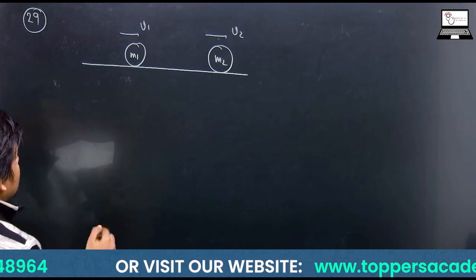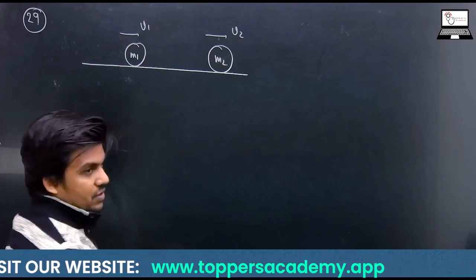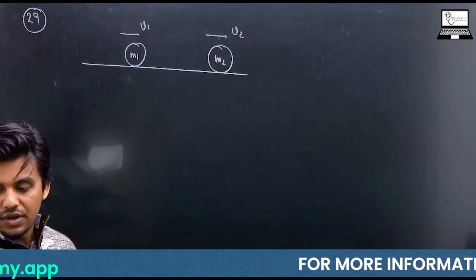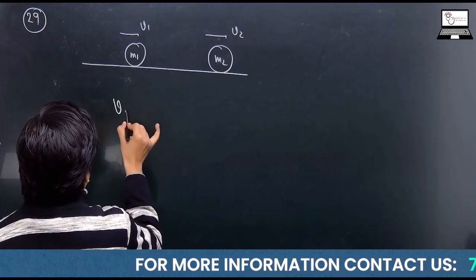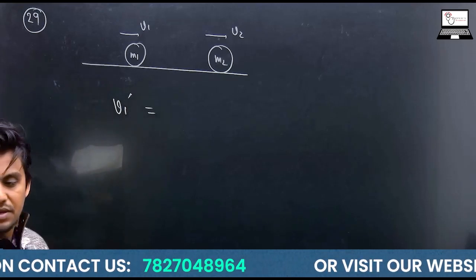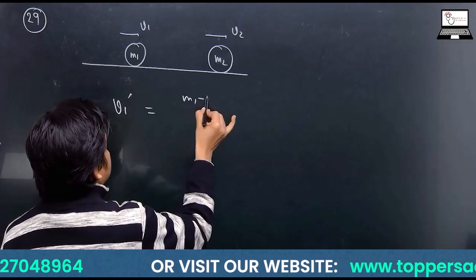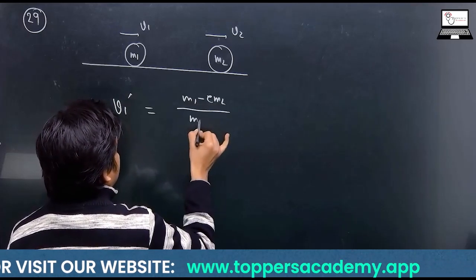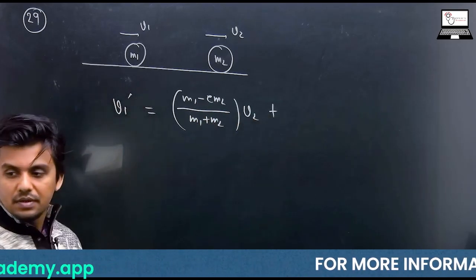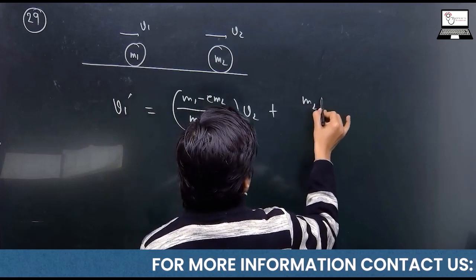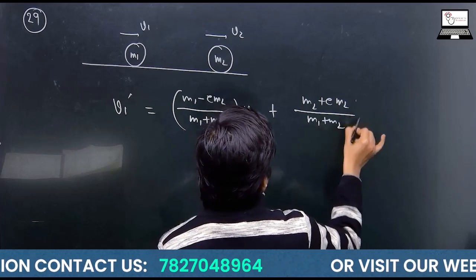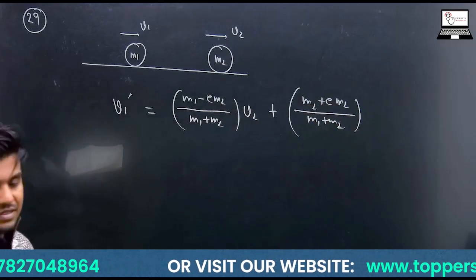After the collision their velocities will become v1 prime equal to (m1 minus e m2) divided by (m1 plus m2) into v1, plus (m2 plus e m2) divided by (m1 plus m2) into v2.